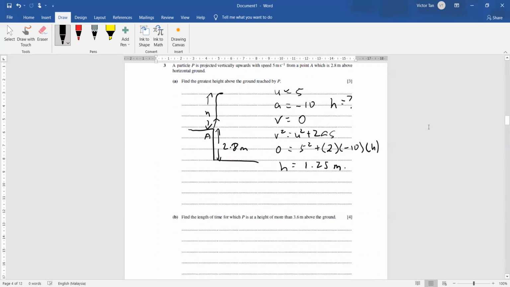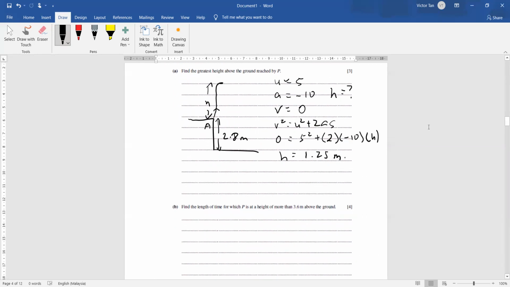Okay. Find the length of time for which P is at a height of more than 3.6 meters. So you still have the same thing. U equals 5. So 3.6 meters. This is already 2.8 and another 0.8 meter. Okay.